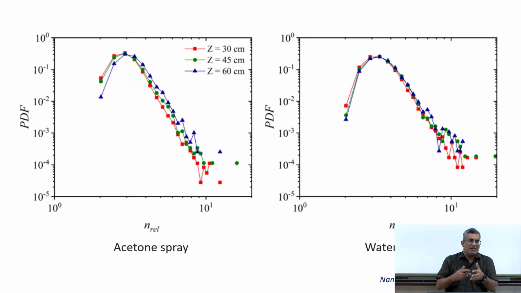This means that the clustering evolution process, the basic process, is the same. But again, you should not generalize the results. What I mean is that this has been found in this particular injector under this operating condition. It may not be universal.